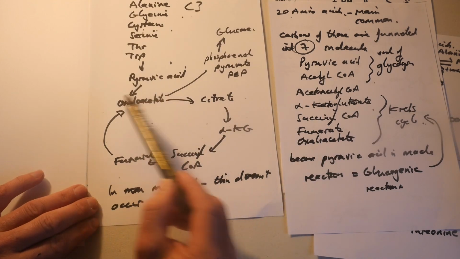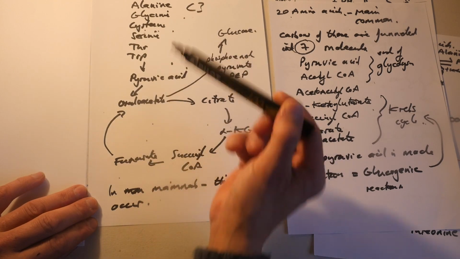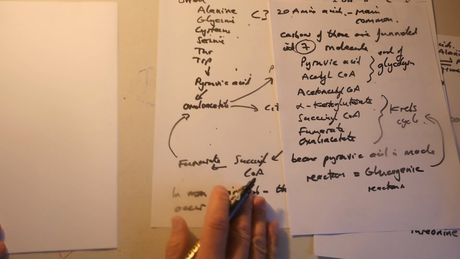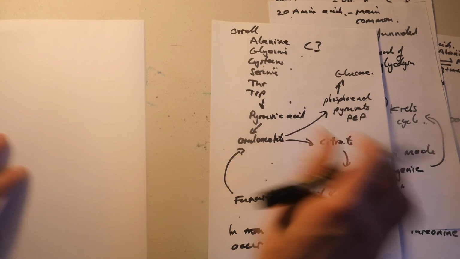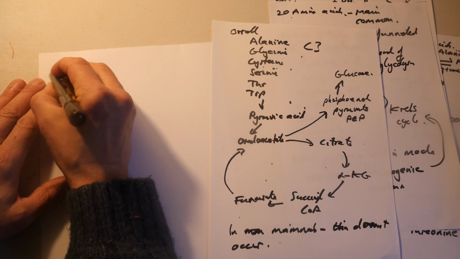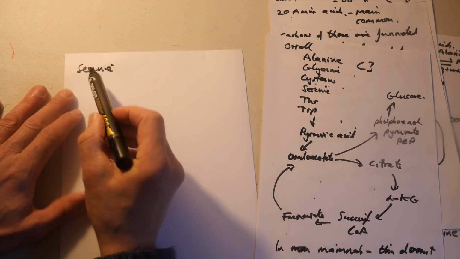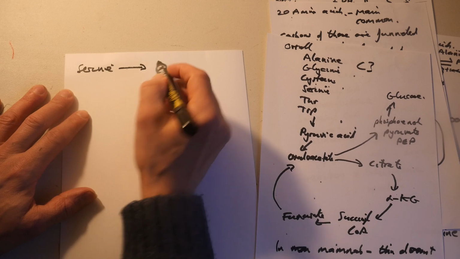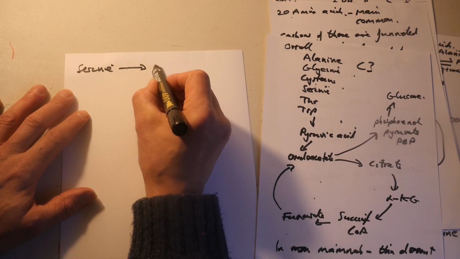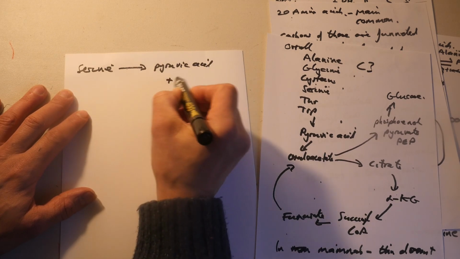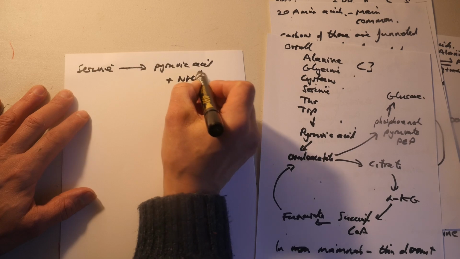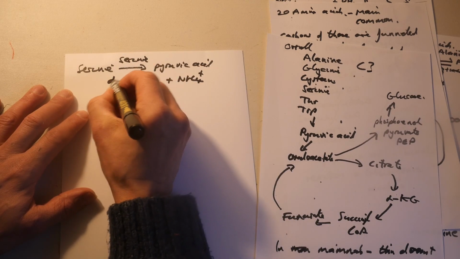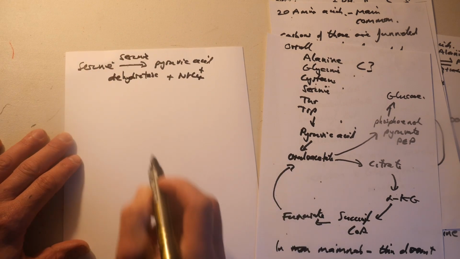Oxaloacetate can lead on to phosphoenolpyruvate and glucose. Also, I should mention that the amino acid serine can be converted to pyruvic acid plus NH4 plus by serine dehydratase.